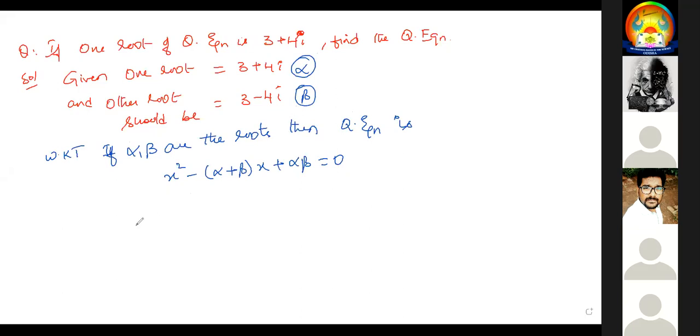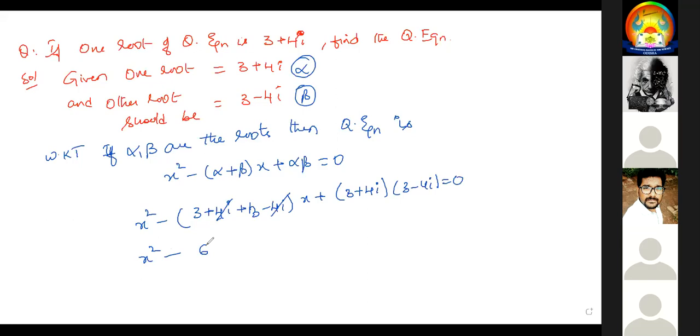Now what is alpha plus beta? 3 plus 4i plus 3 minus 4i. So that is x square minus, these two get cancelled, 3 plus 3, it is 6x plus, I am simplifying here.